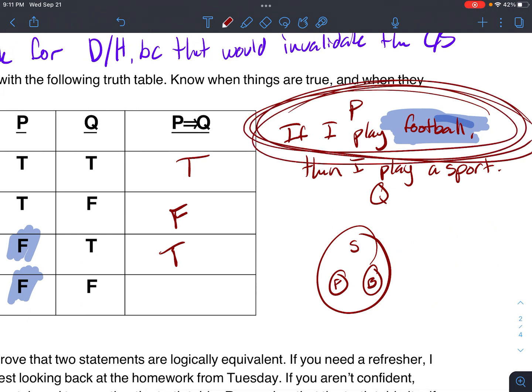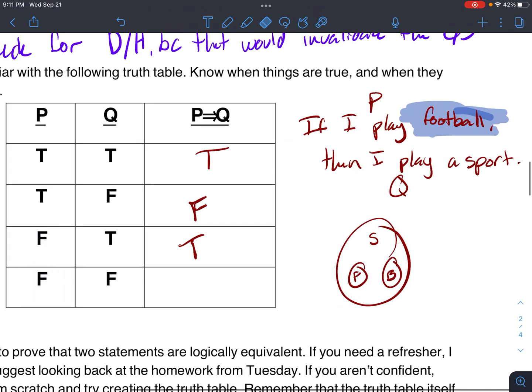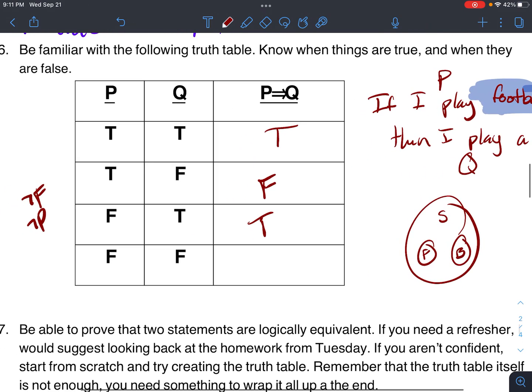I'm not talking about that in my original sentence. So there's literally nothing that I can contradict, because I'm talking about baseball now. That's not football. So how could that contradict my statement about football needing to be a sport? So that's another way that we could look at this.